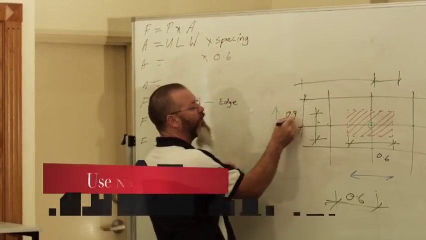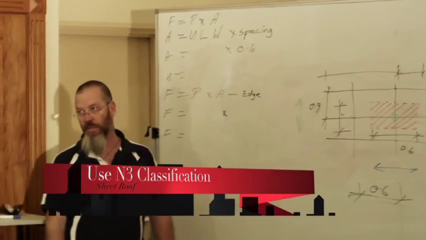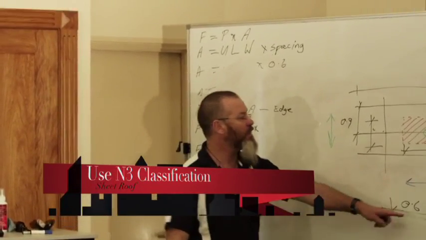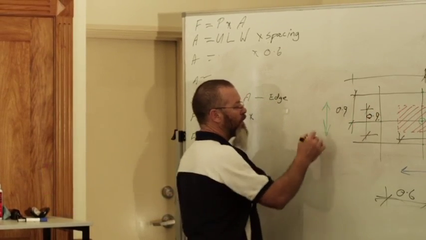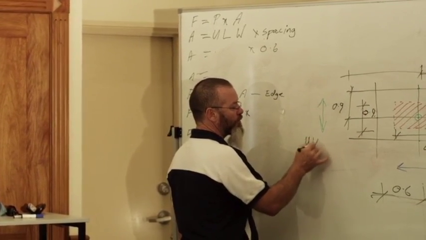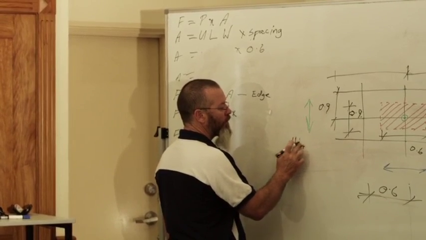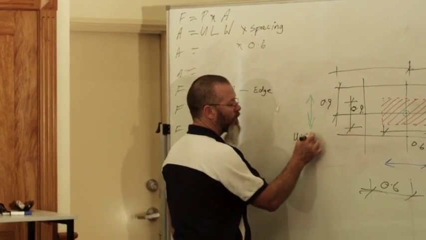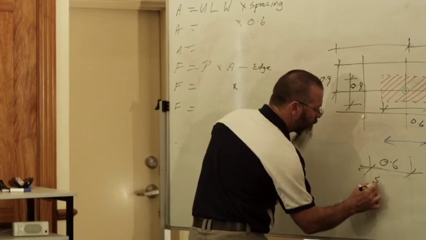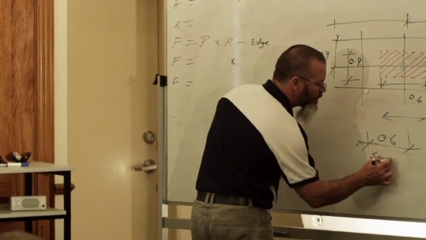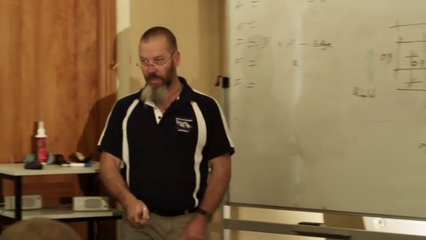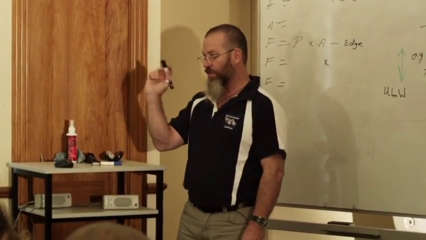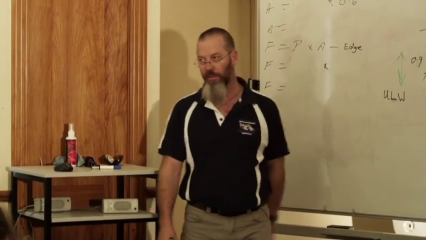Because it's a sheet roof, our battens are spaced at 900 centres, but this is still 600. We know this is ULW. And this is spacing. That's all you've got to do. You don't even have to use a ruler if you don't want. Just do a tributary area drawing like that.